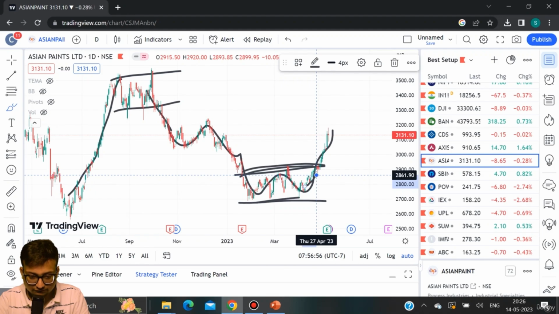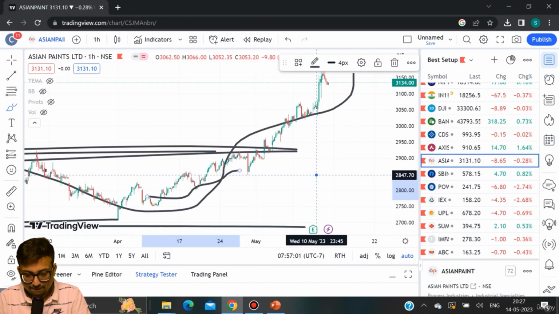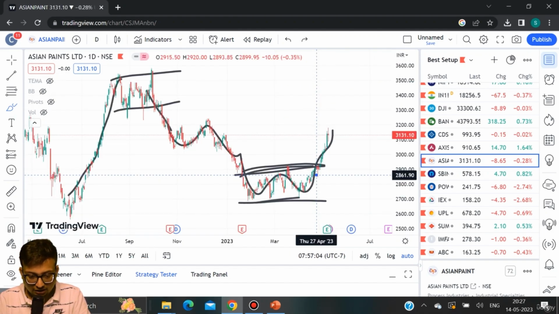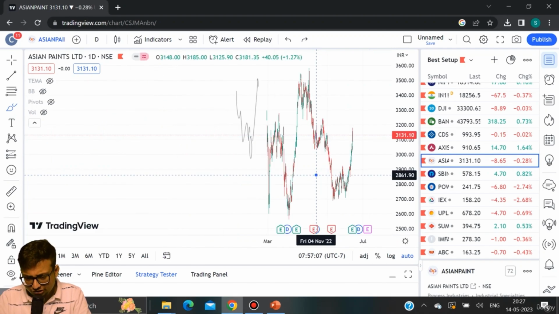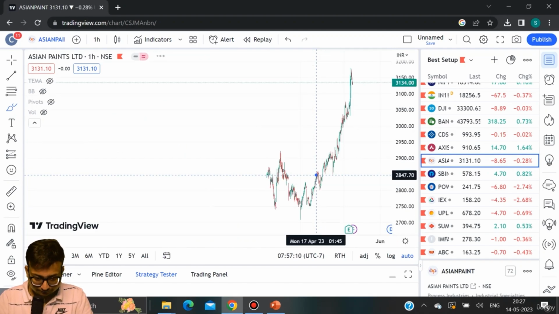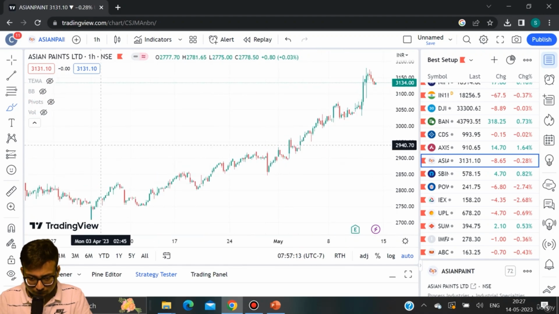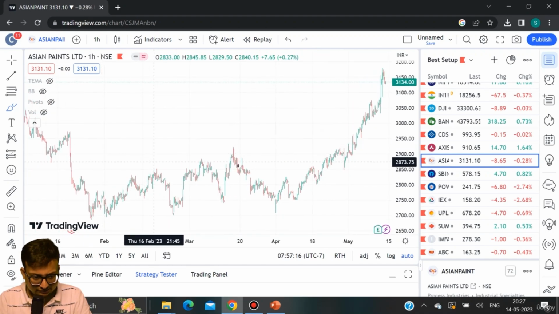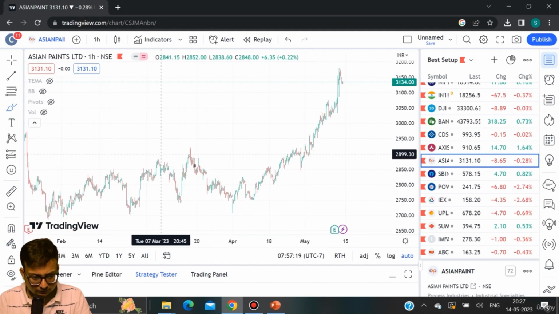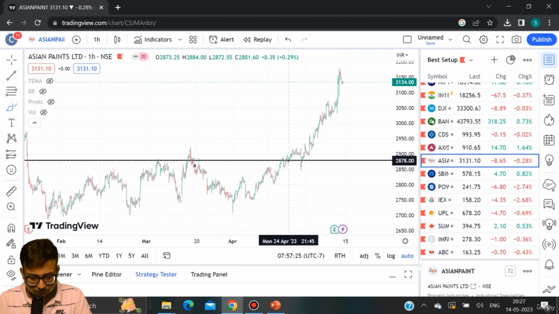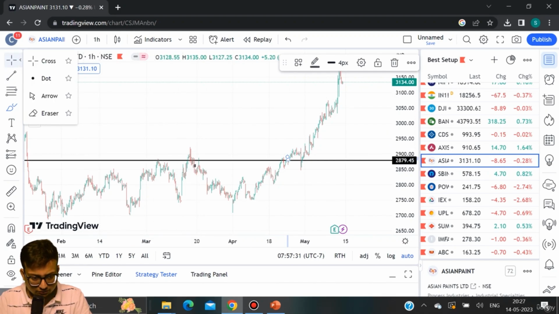One second, let me clear the chart first. So we'll go to 1 hour. If you see in 1 hour, you will see mostly the same thing: this was a particular resistance point, and this was a support point, more or less.